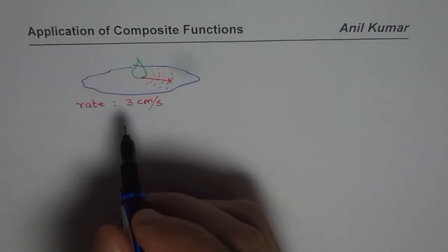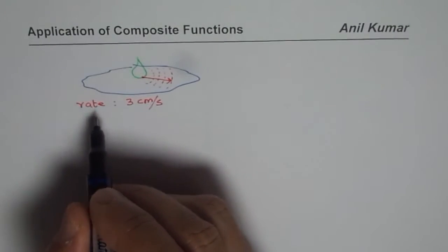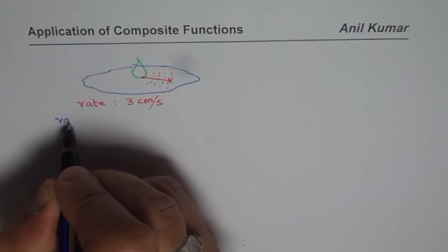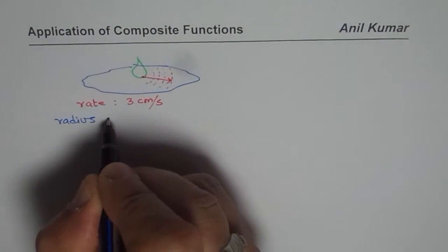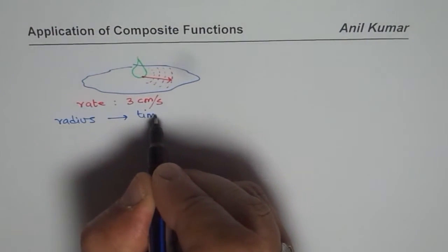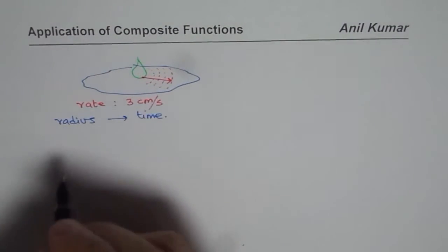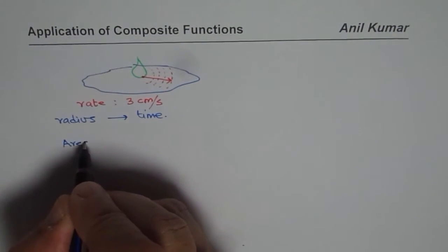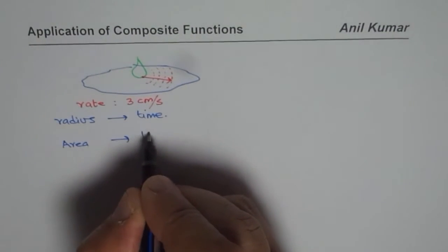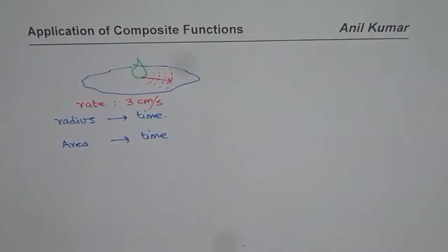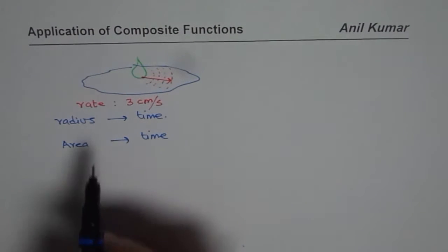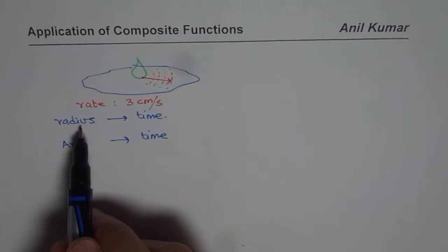That is to say, we want to relate first radius in terms of time, right? And then we want to relate area in terms of time.